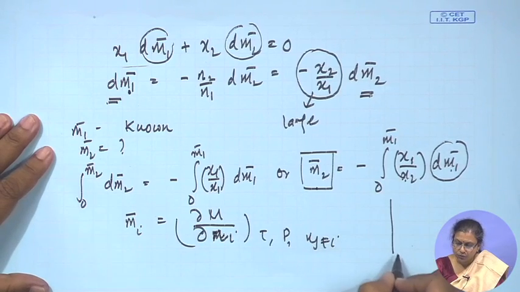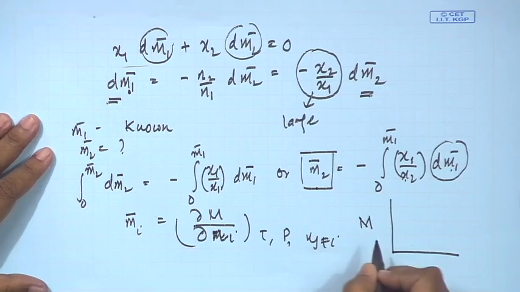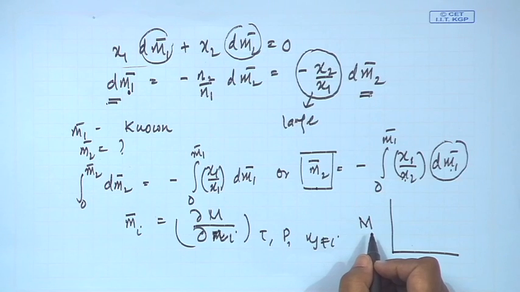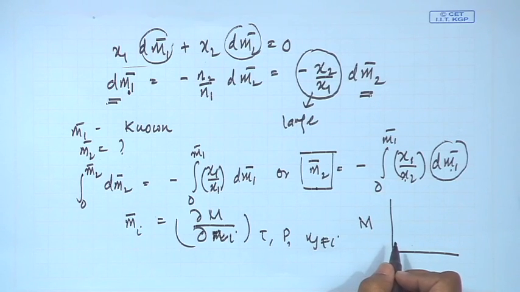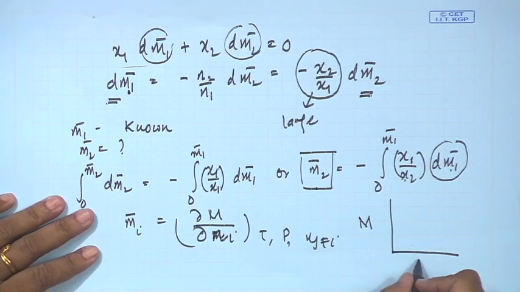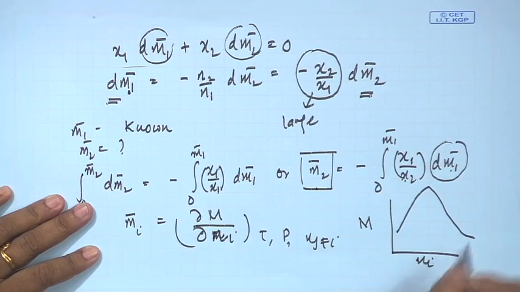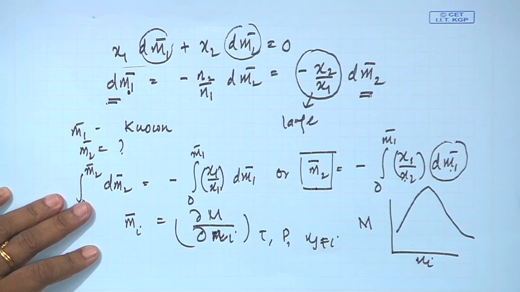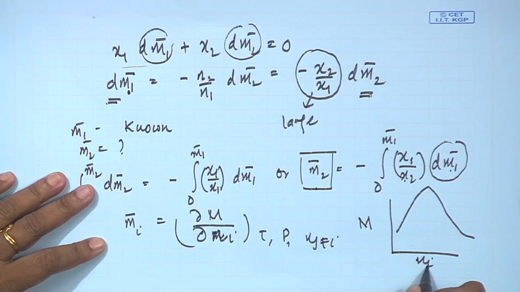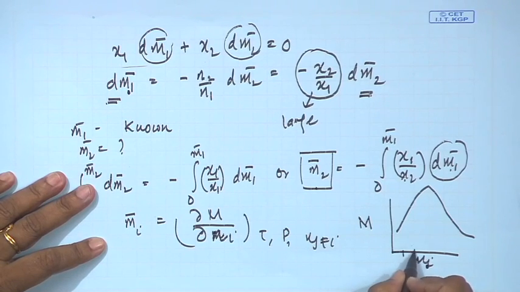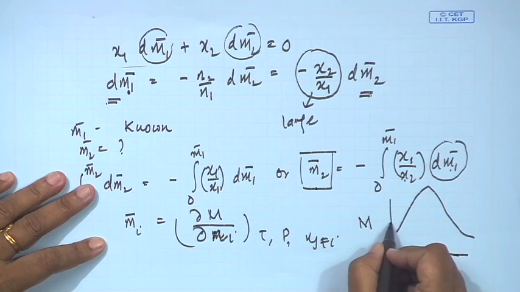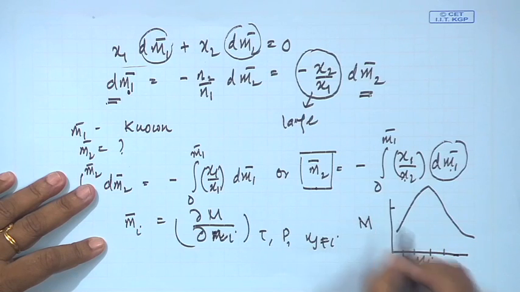So, it automatically implies that if you have any particular graph where the total property M varies with the mole numbers ni, say suppose it has a graph of this sort, suppose M equals volume. Suppose I keep on adding component A, say 1 mole, 2 moles, 3 moles, 4 moles, and for each addition I find out the increase in volume.